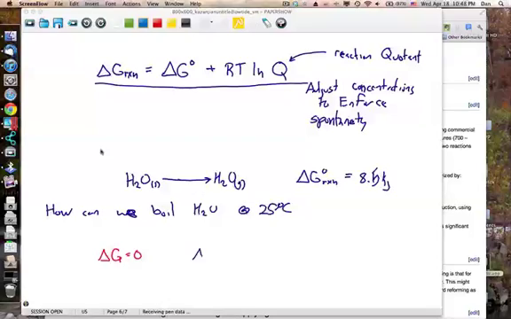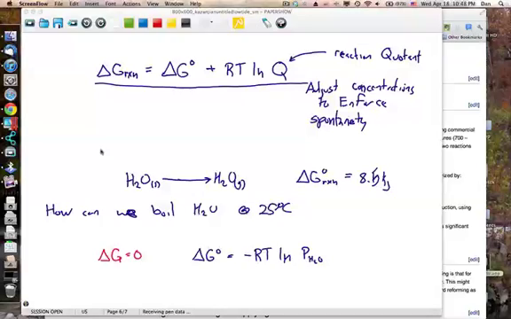And so the delta G naught would be equal to negative RT ln Q, which is the reaction quotient, which in this case would represent the partial pressure of water in the gas phase over liquid water. And since pure gases and pure liquids and solids don't show up in our equilibrium statements, they don't show up in our reaction quotient. And so we can use this to determine the minimum pressure.